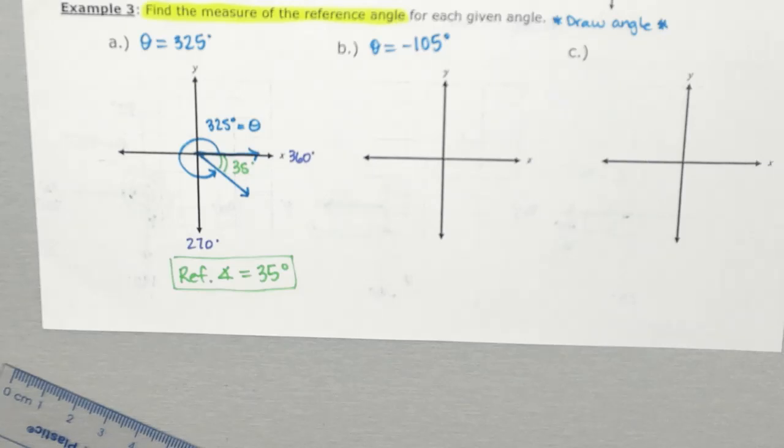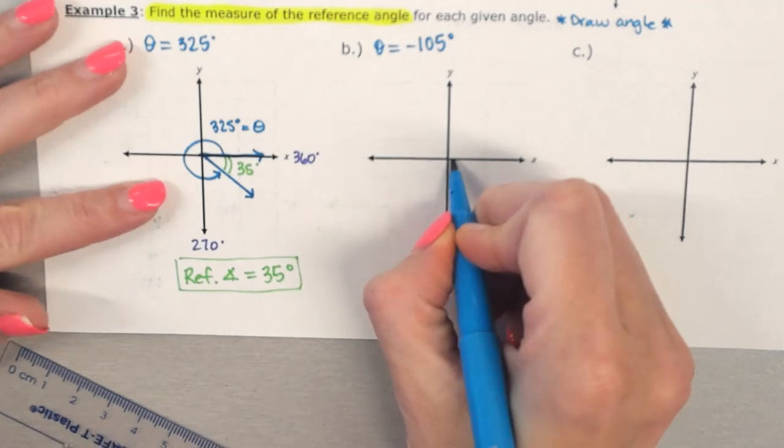So remember, your reference angle always goes to which axis? The X or the Y? The X. Okay, so don't accidentally tell me what the reference angle is to the Y, because that won't be a reference angle. So for negative 105, again, we're just starting here.